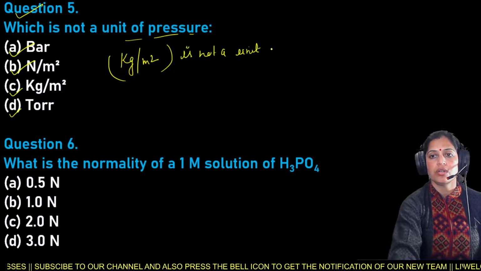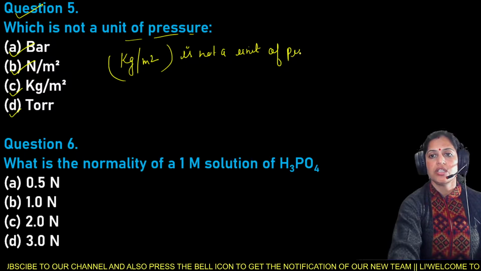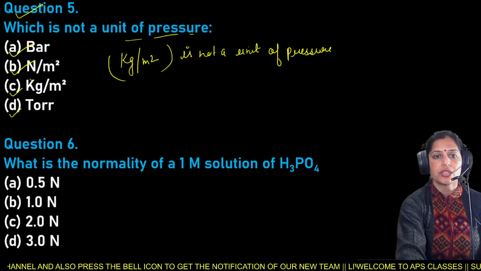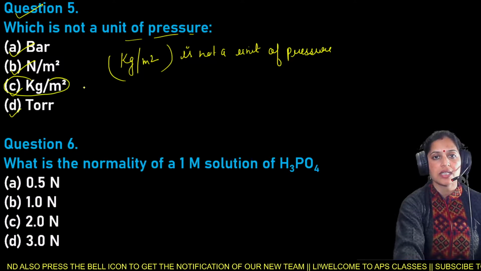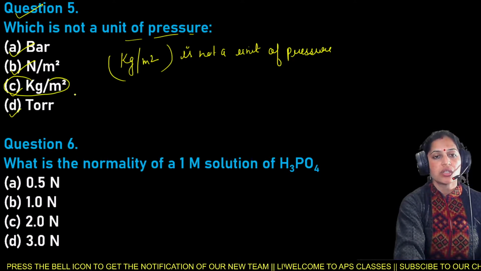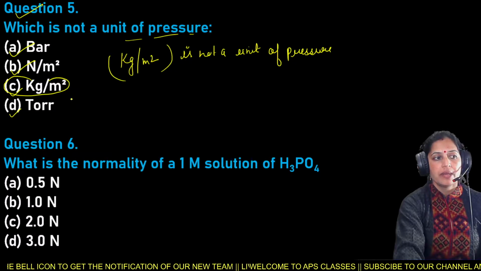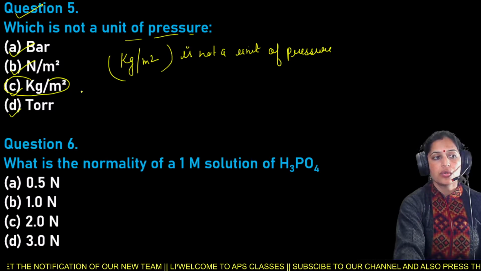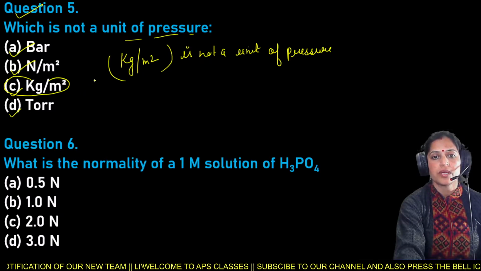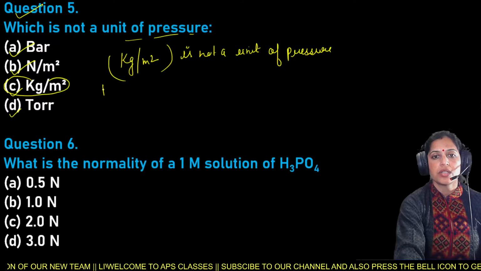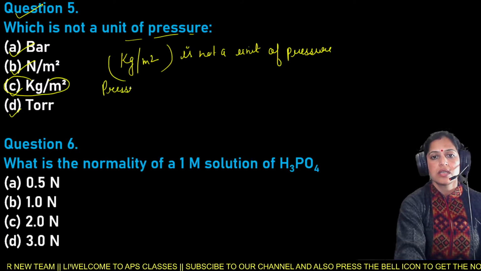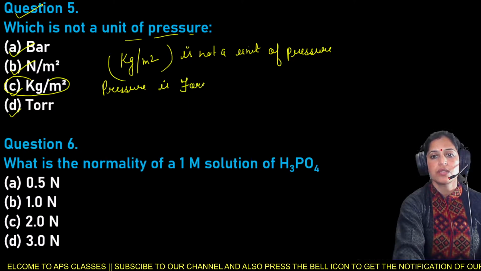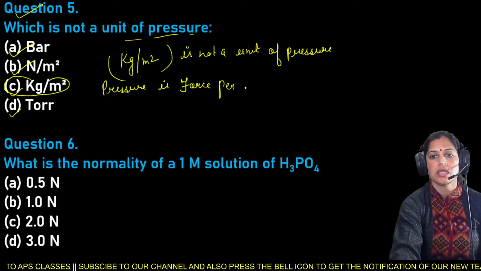This is the right answer, because pressure is force per unit area. So kg per meter square cannot be a unit of pressure.